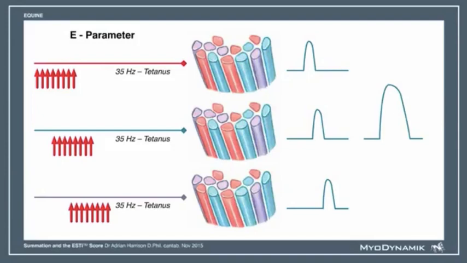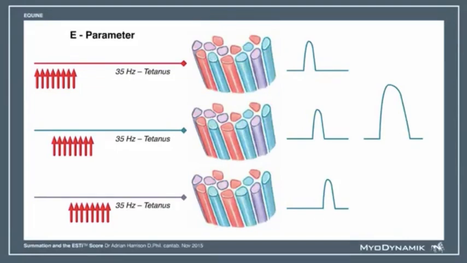The combined muscle force is illustrated by the blue curve to the far right of this slide. Note that it is additive. That is to say that the individual forces produced by the red, the blue and the purple fibers sum to produce a force that is greater than any single motor neuron response.